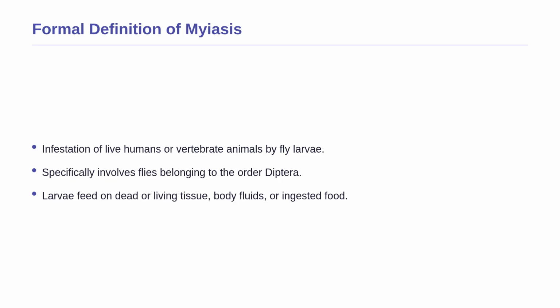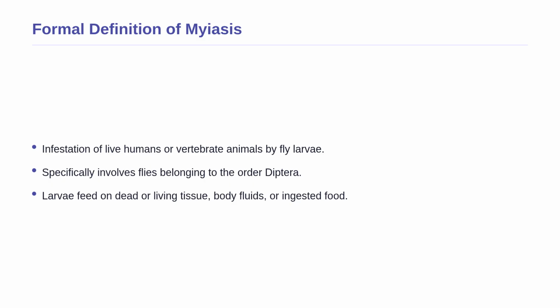Now that we have a general idea of the condition, let us look at its formal scientific definition. In medical and veterinary entomology, myiasis is strictly defined as the infestation of live humans or vertebrate animals by the larvae of flies. Importantly, these flies must belong to the order Diptera, which are the true flies.